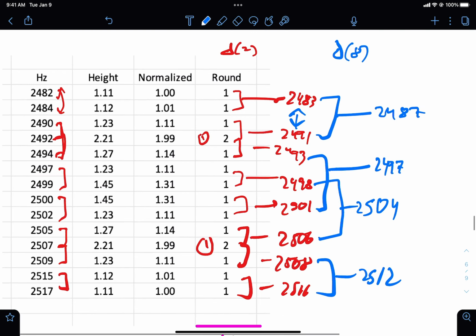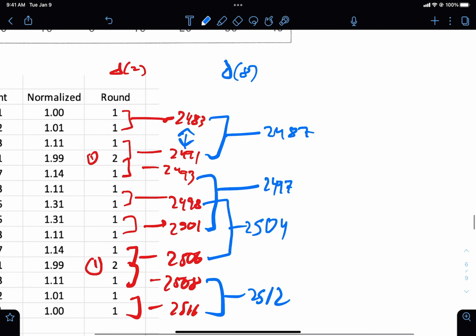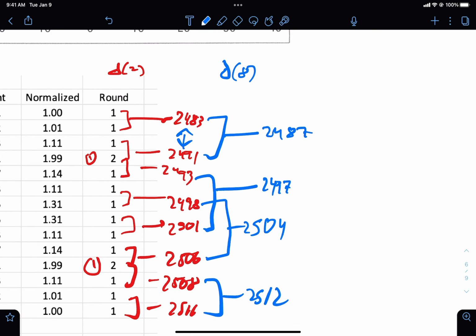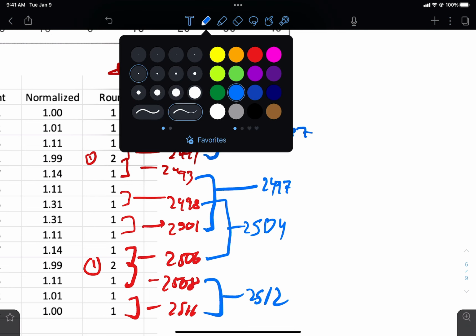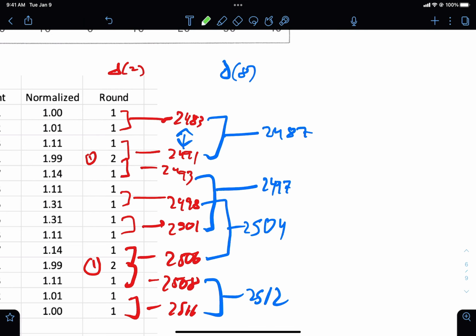All right. Let's keep going. Okay. Remember, these were all 1s. So we continue looking for 1-to-1 relationships. Everything we have are 1-to-1 relationships. So what do we have now? Well, the 2487 to 2497, the 2487 was a 1, the 2497 was a 1.